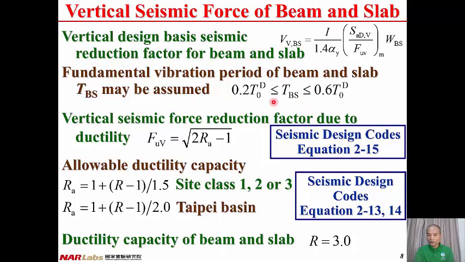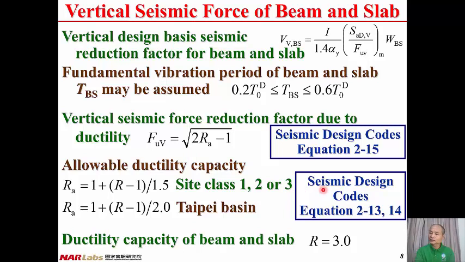If the vibration period lies between 0.2 T0D and 0.6 T0D, then the seismic force reduction factor due to ductility can be given by the seismic design code equation 2-15, FUV equal to square root of 2RA minus 1, and RA is the allowable ductility capacity.